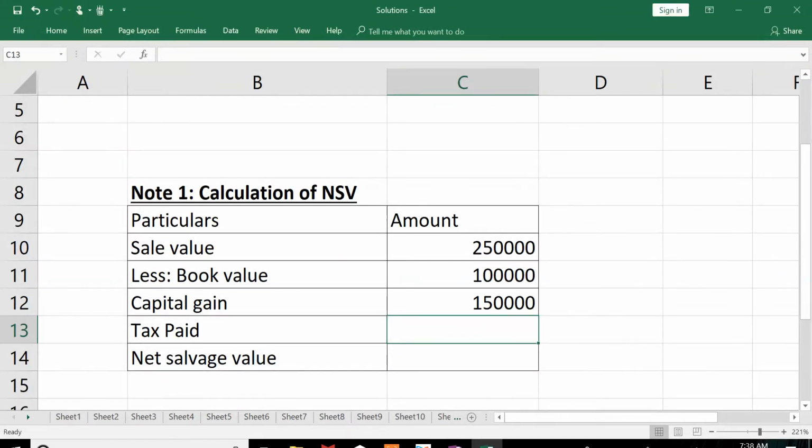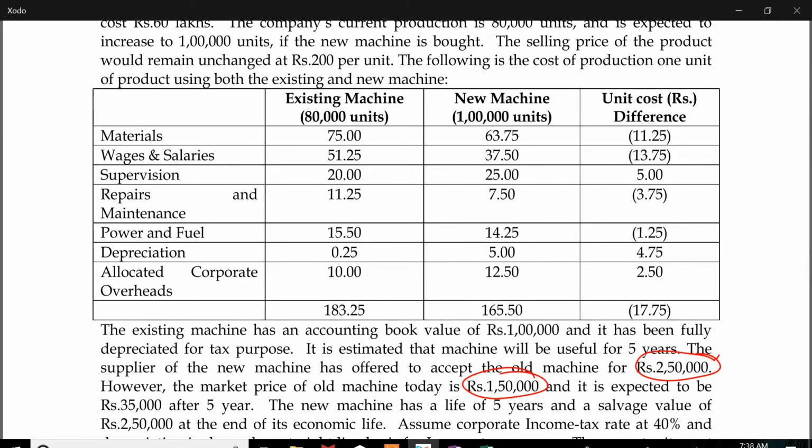What is the book value? Book value is 0. It has an accounting book value of 1 lakh and it has been fully depreciated for tax purpose. I am doing this calculation only because of tax. I am not doing it for any other purpose. Because of income tax only we are doing this calculation. So in your books of accounts you have some value, but in income tax you have fully depreciated it.